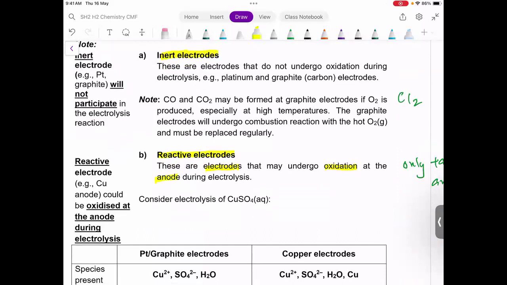So at the cathode, you don't need to consider participation of the electrode because metal cannot be further reduced. In contrast, at the anode, the metal electrode can be oxidized. So you only consider participation of the electrode at the anode. You can ignore its presence at the cathode. It doesn't make any difference.